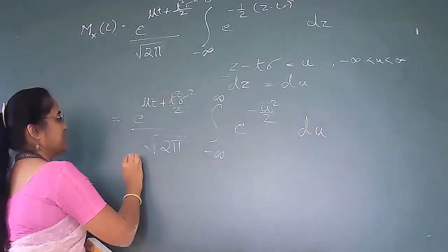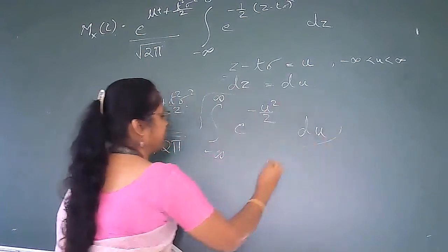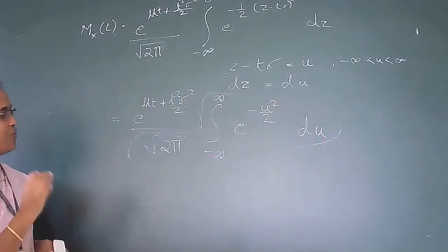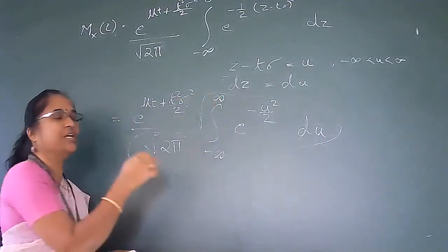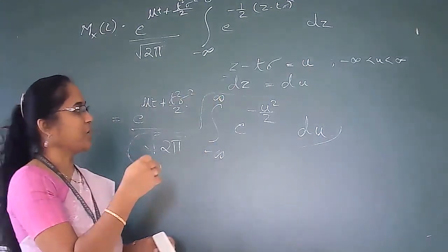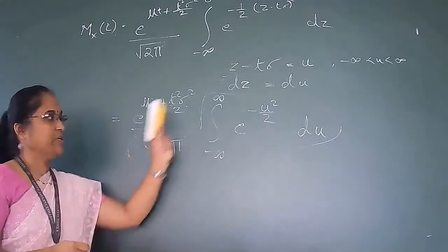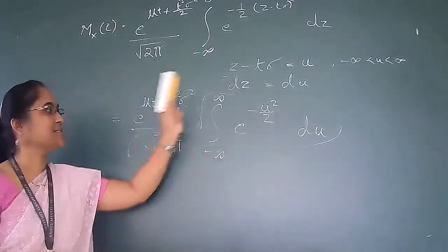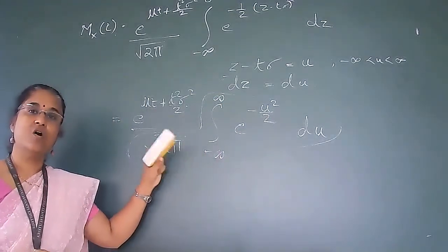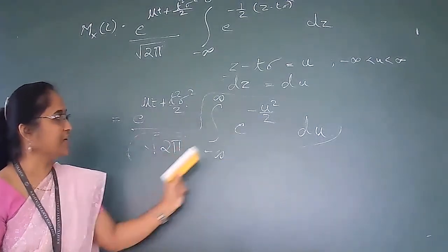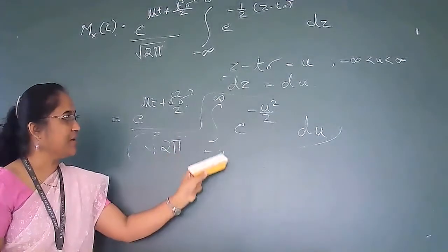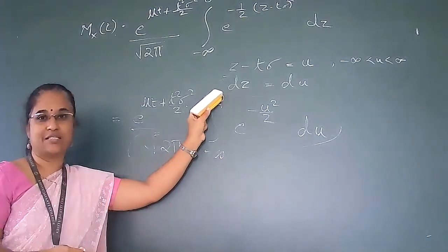Now, what is this? Does this ring some bell somewhere? What is this thing? When I have 1 upon root 2 pi, integration from minus infinity to infinity, e raised to minus u square upon 2 du. What is this? This is the PDF of a standard normal variable, and I am taking the integral from minus infinity to plus infinity.